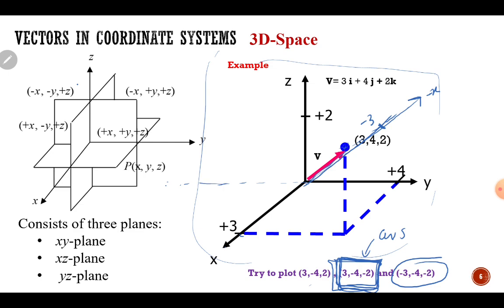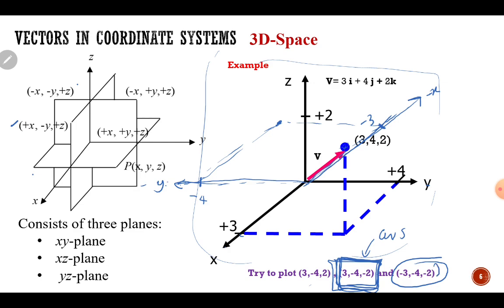So 4 is over here. This is positive Y. So negative Y is extending the other side. So here is negative Y. So negative 4 berada di sini. So you draw lah the line somewhere over here. So this is the point negative 3, negative 4. And then negative 2.